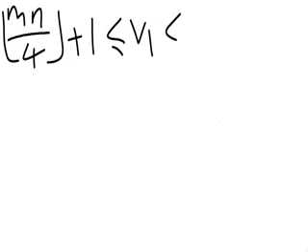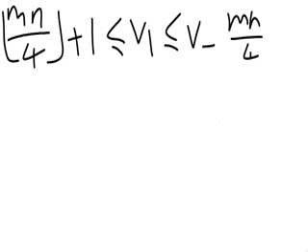So if V1 is the number of voters we have for A in the first group, we need to have Mn over 4 plus 1 is less than or equal to V1 and is less than or equal to this. So if the value of my V1 is anything within this interval, then we are good.